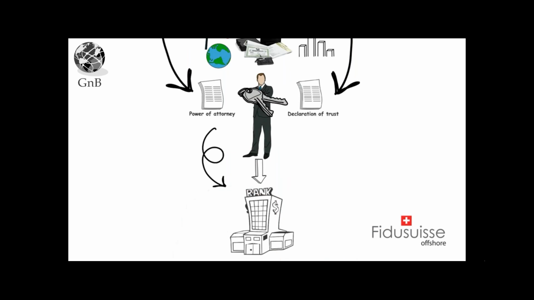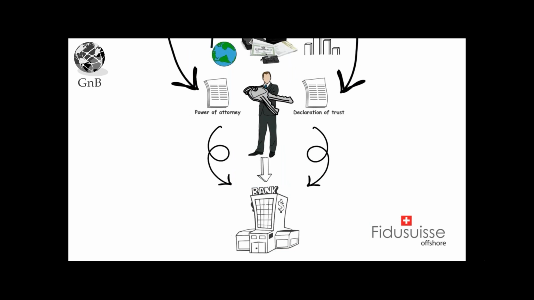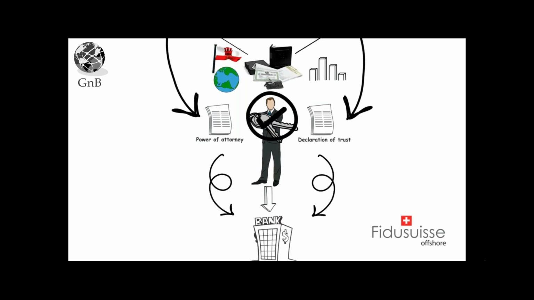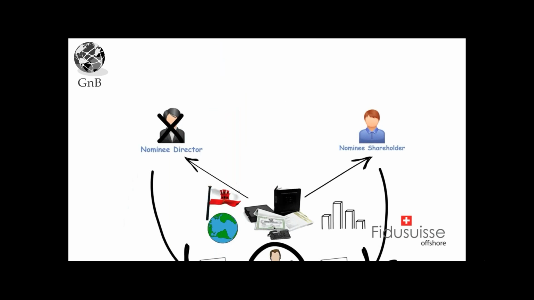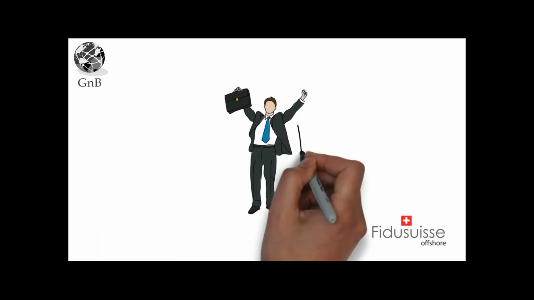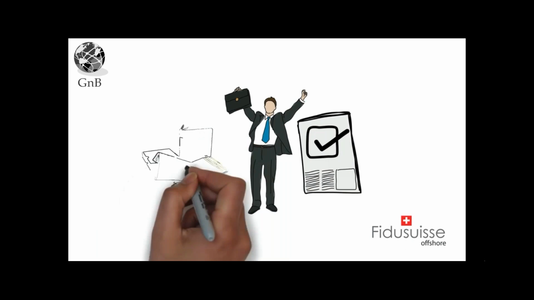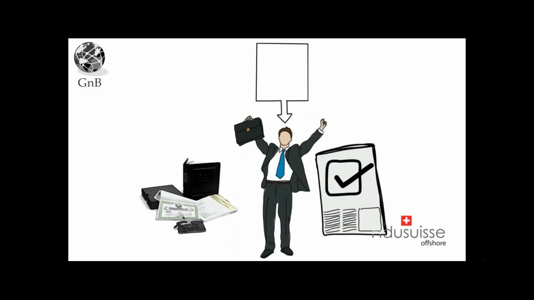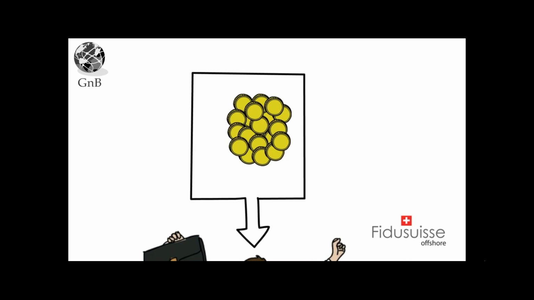This document is requested by the bank, so they will consider that you are the client, but the nominee will have no access to the funds. Now you are ready to open a bank account and manage your company alone. You are the only contact person with your bank to talk about your money.